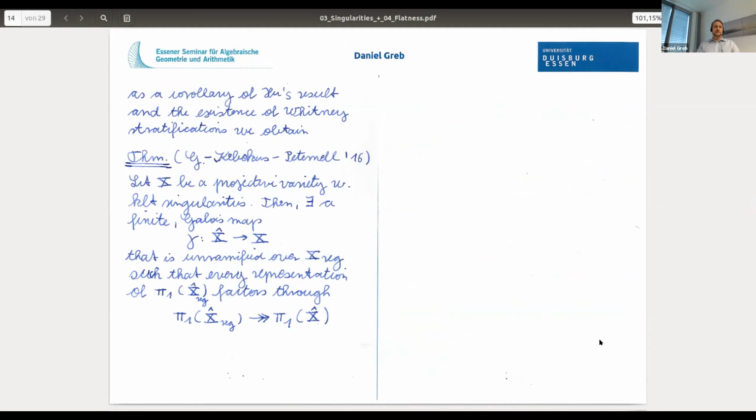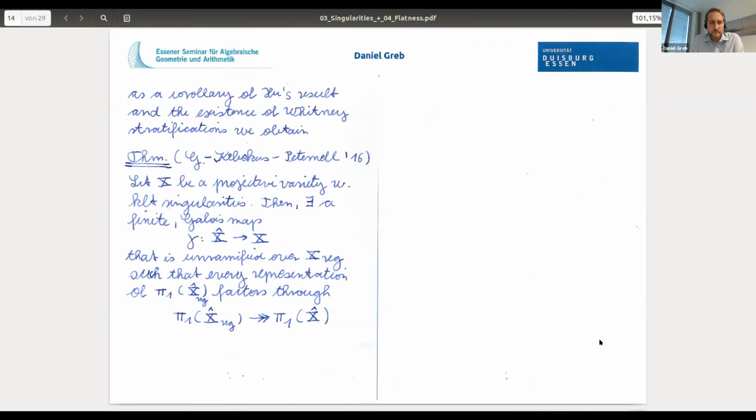But starting from this with an induction using Whitney stratifications, we can obtain the following result by myself, Kebekus, and Peternel. It says that we can eliminate the difference of fundamental groups, at least from the representation theory side, between a singular variety and its smooth locus.